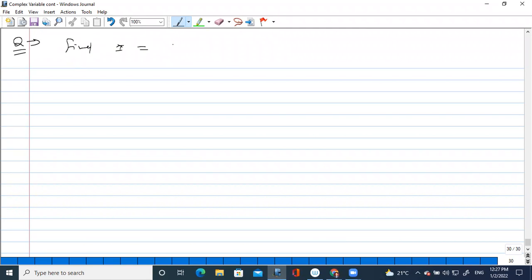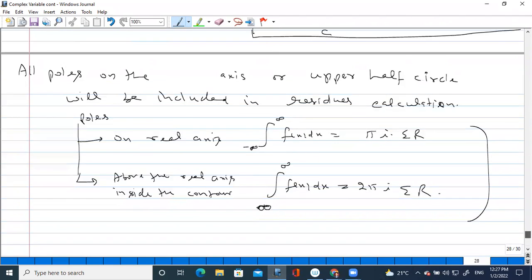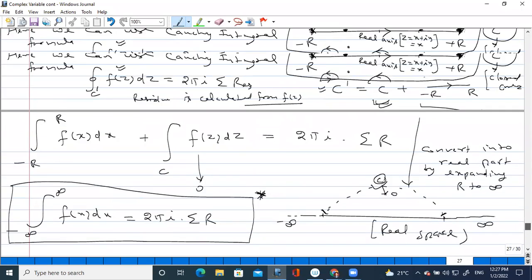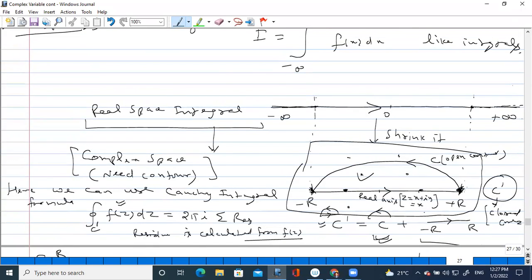Find the integral from minus infinity to infinity. But here, if it is 2, 3, 4, 5, 6, whether it is bigger, that bigger also you have to consider, because ultimately this r is very large.